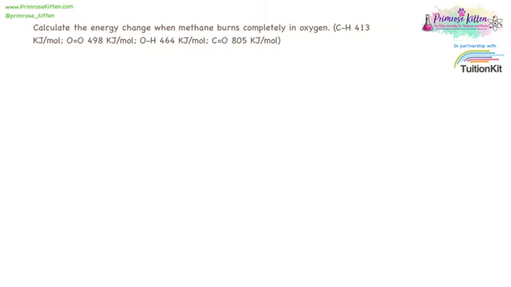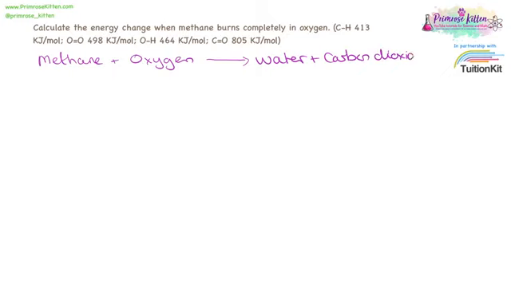There are quite a lot of layers to this question. Calculate the energy change when methane burns completely in oxygen. So first of all, we need to work out our equation. Methane plus oxygen. You should know that the products of combustion are water and carbon dioxide.